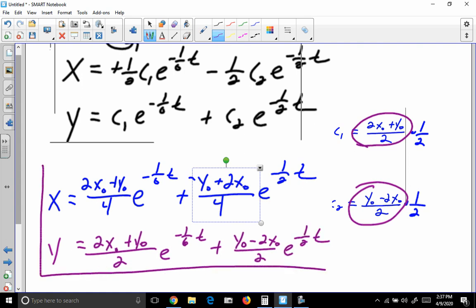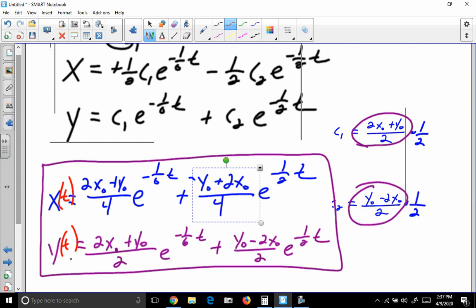So those two equations, those two functions of t, notice both of those are functions of t. They tell us how much salt will be in each tank at different times. The only thing we have to know is how much salt we started with in tank A, how much salt we started with in tank B.